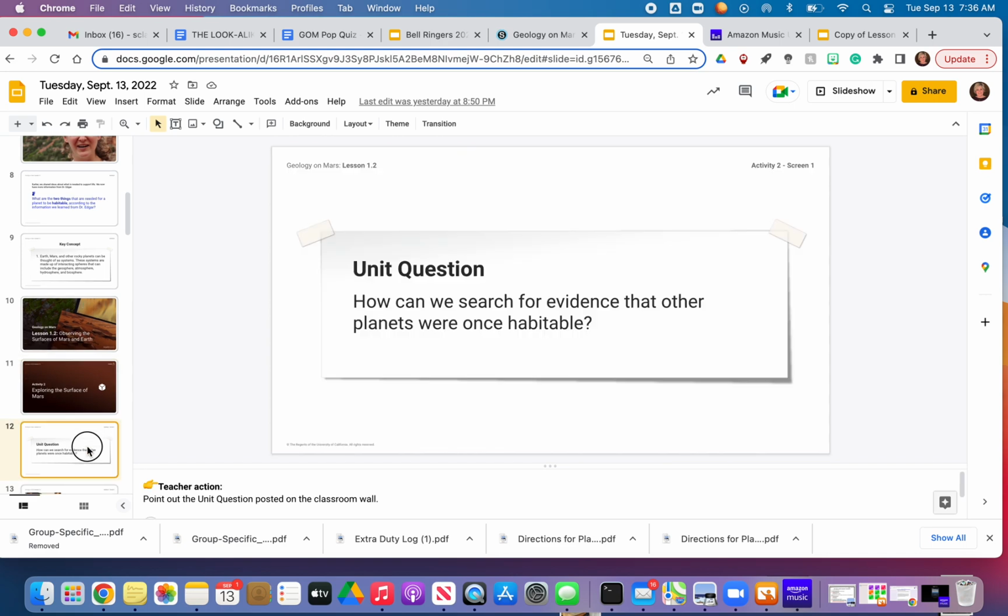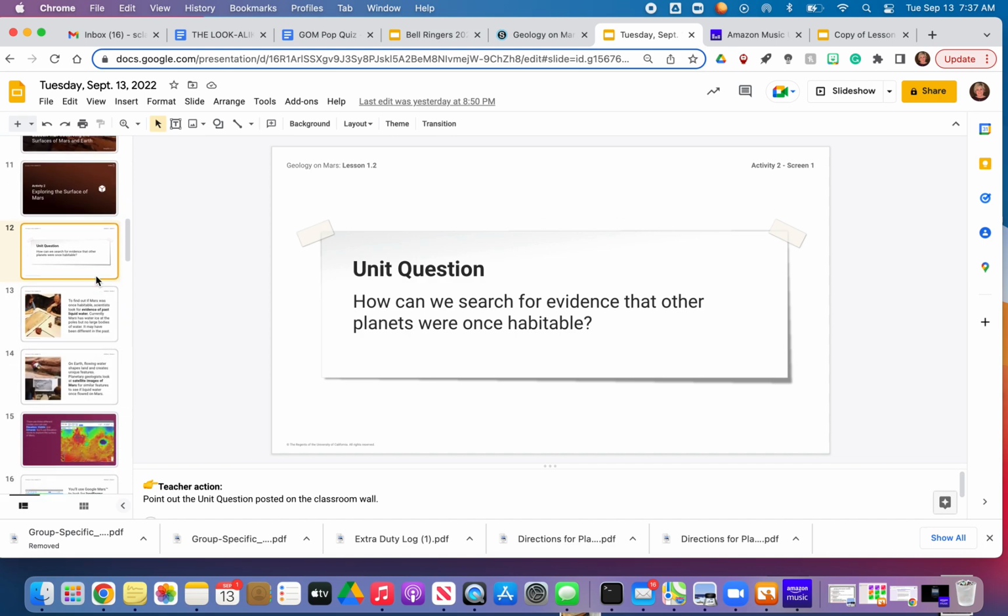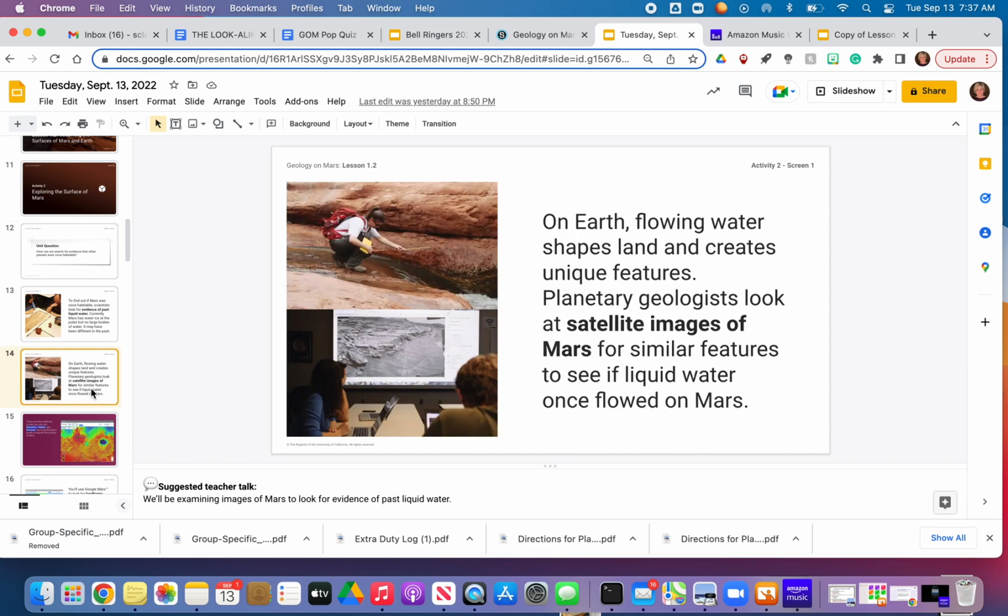All right, so in today's lesson, we just reiterate the unit question: how can we search for evidence that other planets were once habitable? We know that we're going to focus on Mars because we looked at a video yesterday that shows a planetary geologist studying land formations that were formed by water and by lava.